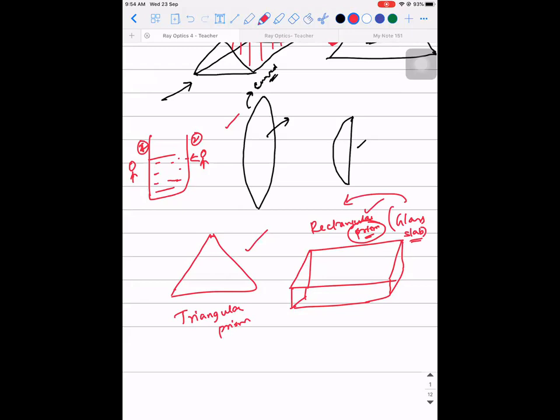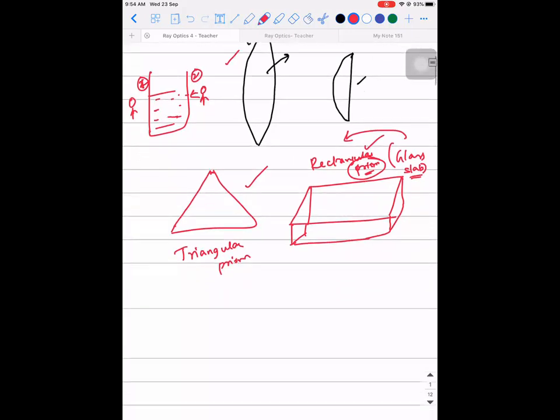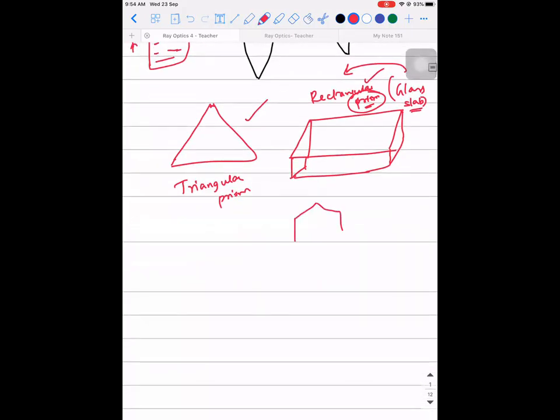Clear? Similarly, whatever the shape you give to that particular prism, the prefix has to be added to it. For example, if I take something like this, a transparent material, light has to undergo refraction through these two refracting surfaces. So what do I call this?